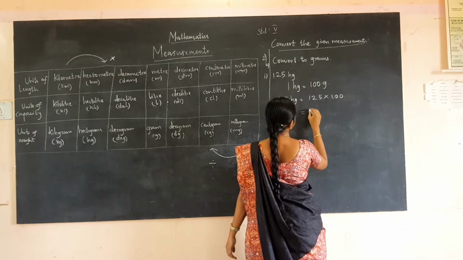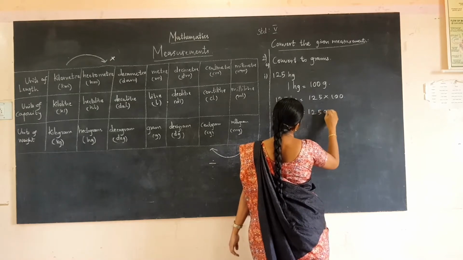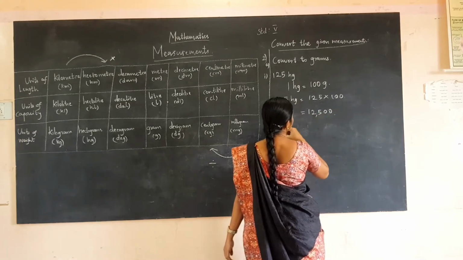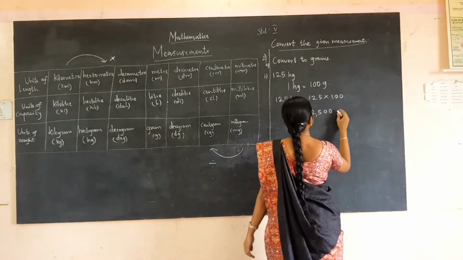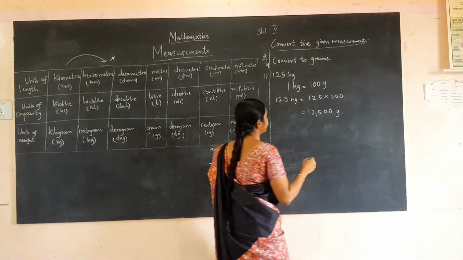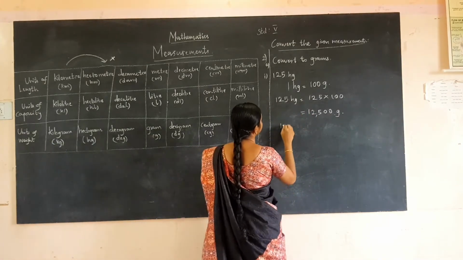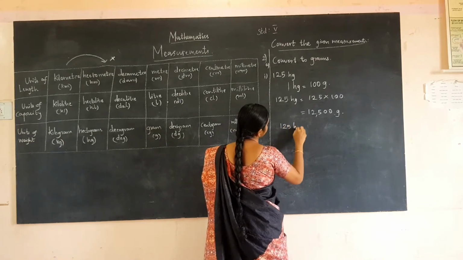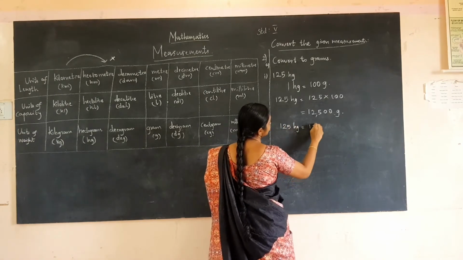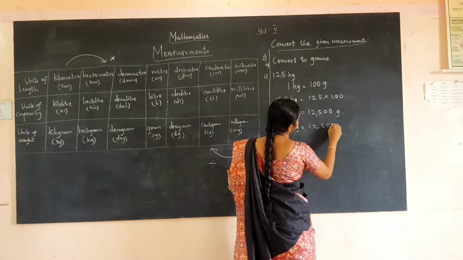That is equal to 12,500 gram. 125 hectogram is equal to 12,500 grams.